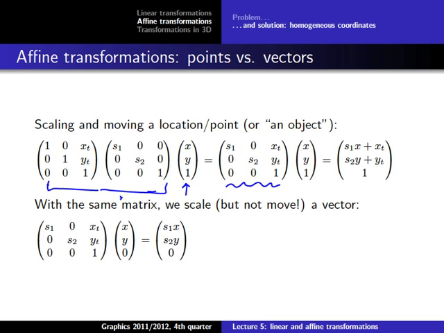And we also see if we apply the very same matrix to a vector not representing a location, but a vector representing a direction and a length, because we have this 0 here in the third coordinate of the vector, you see you get what you would expect. You get the scaling operation, because that's an operation that you can do with a vector, because you just scale the length of the vector, but you do not translate the vector, because the vector is defined by a length and a direction and not by a position.